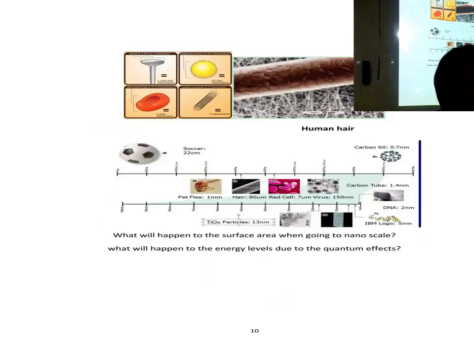Suppose this blue portion is fertilizer, and this portion is tightly bound to the soil molecules or particles. Then whatever rainfall occurs, the maximum will be retained. They will not be washed away. 90% will be retained, maybe only 10% will be washed away. So that's a great benefit.